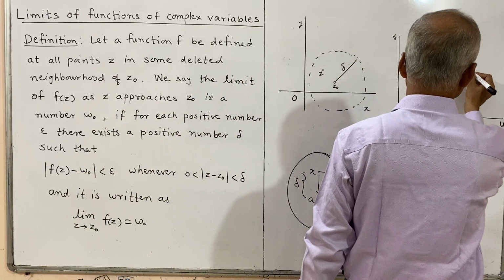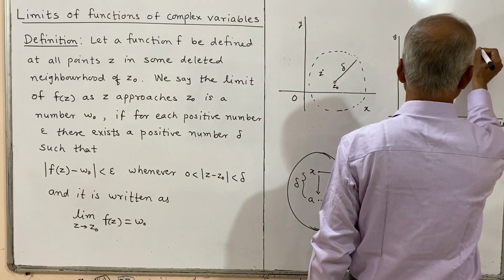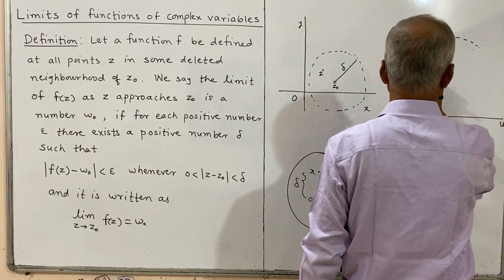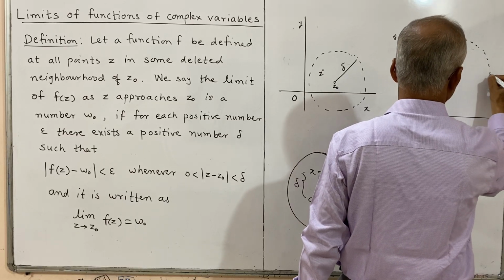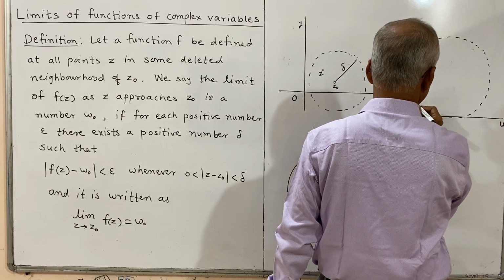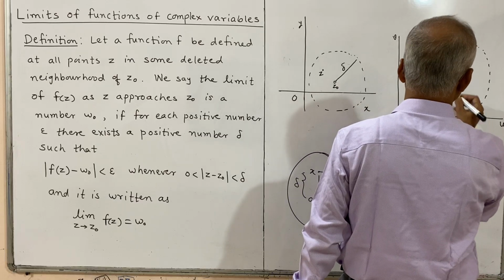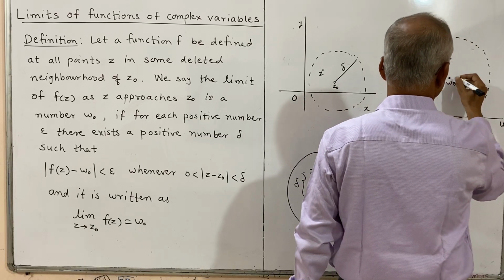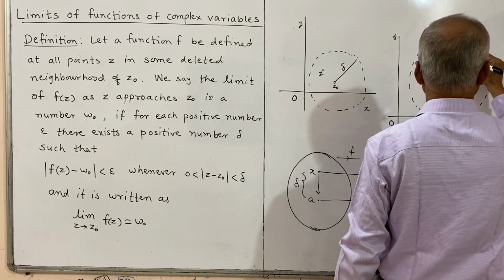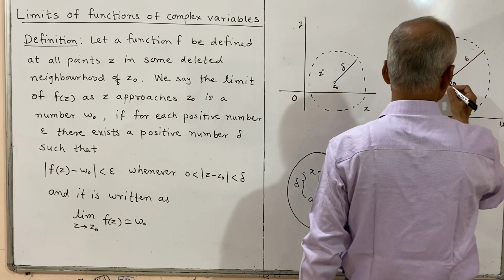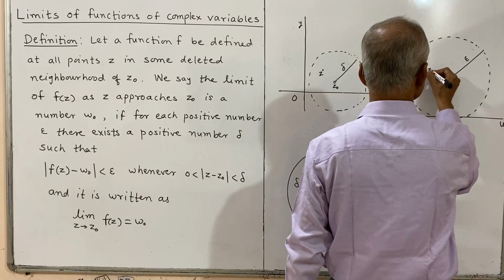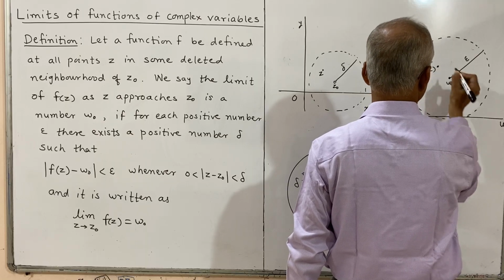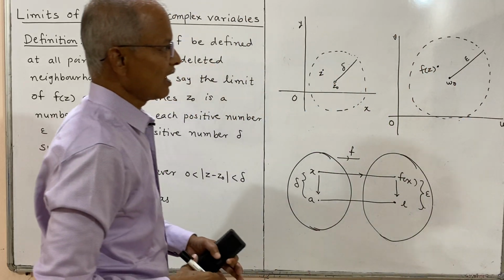So now another neighborhood will be there, of radius epsilon, and its center is w naught, and that means f of z is in this neighborhood.